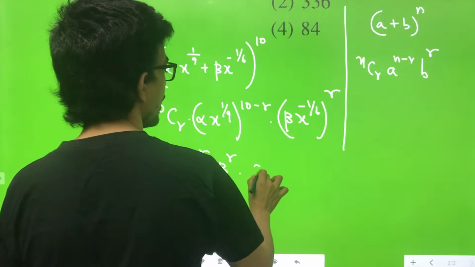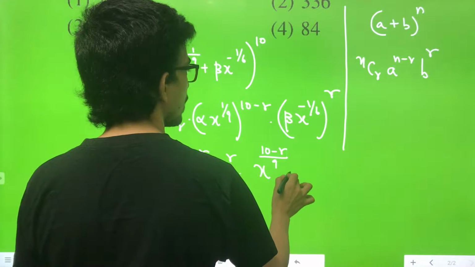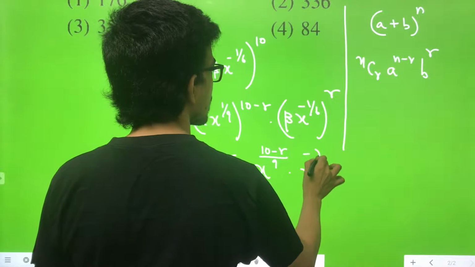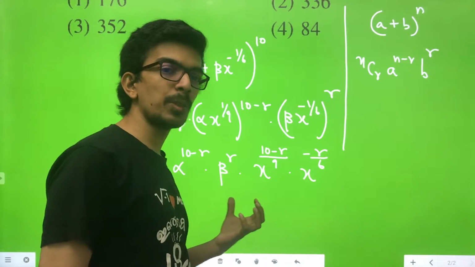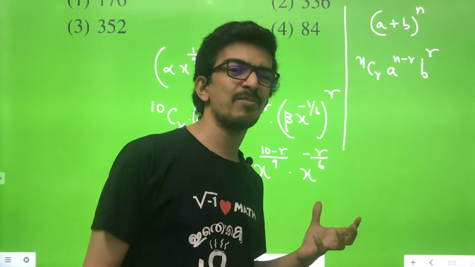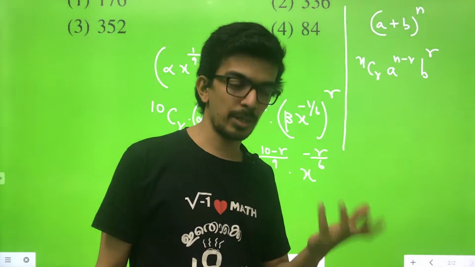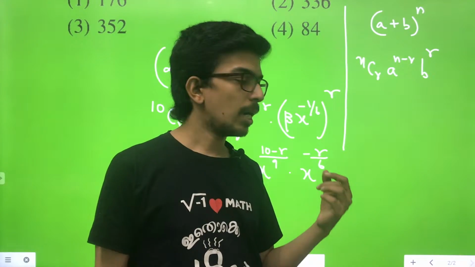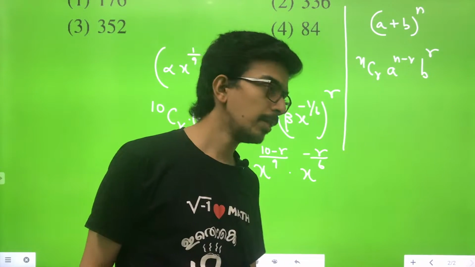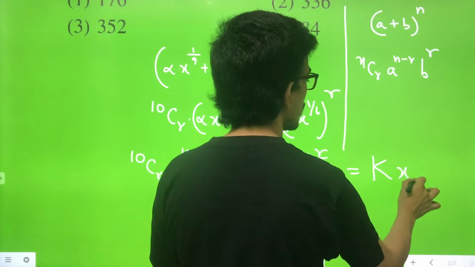Now it is going to be x power 10 minus r by 9 into x power minus r by 6. And if this turns out to be the constant term, sometimes they may say the constant term, sometimes the term independent of x, sometimes the term with x power 0. Whatever it is, this is going to be k x power 0.